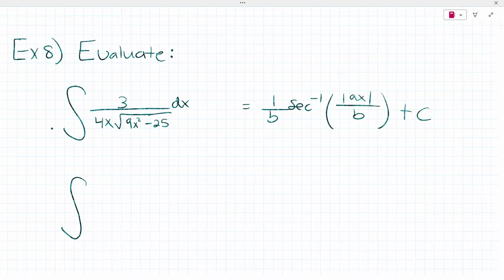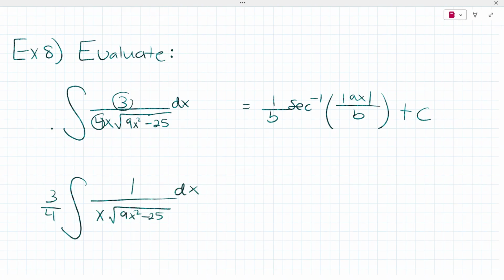And the thing is, I've got to make this 1, right? This should only be an x. So I have to get rid of this constant 3/4. You can do that because it's a constant, so you can factor out 3/4. Now you're left with 1 over x square root of 9x squared minus 25 dx.